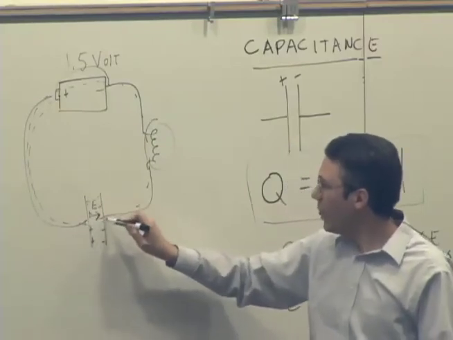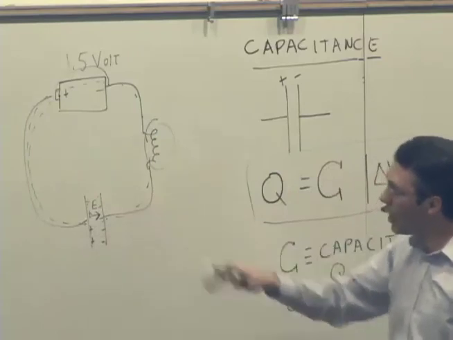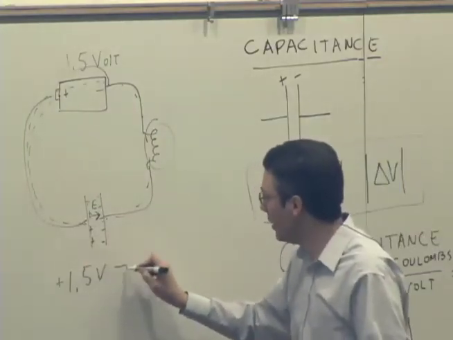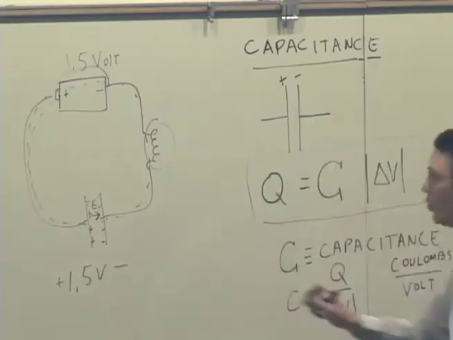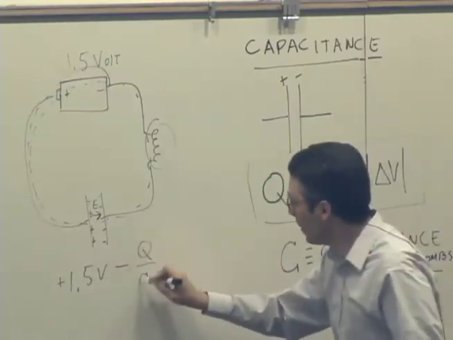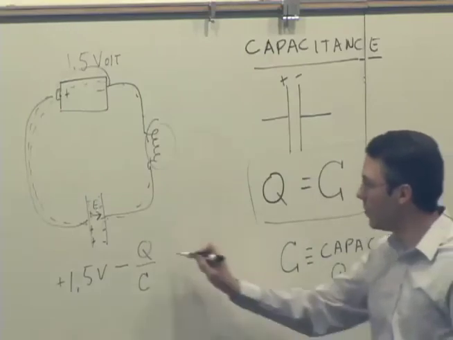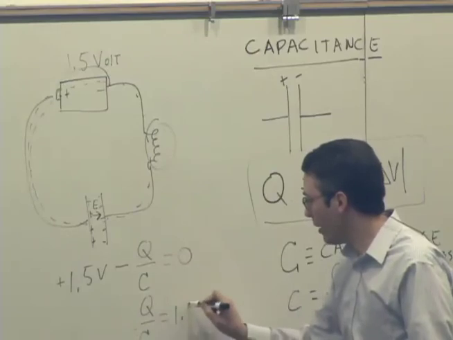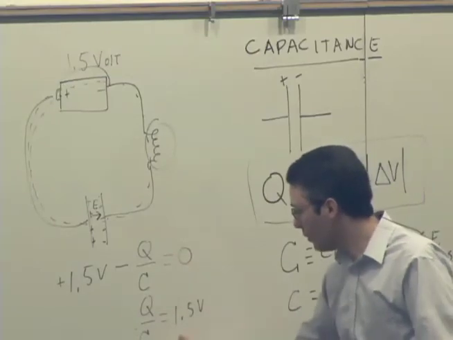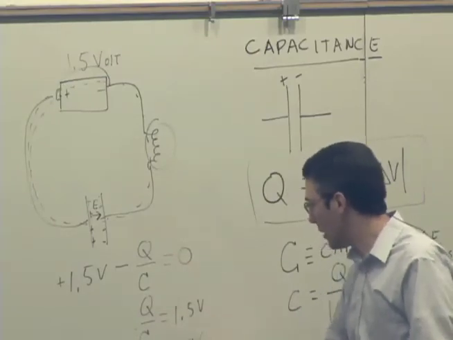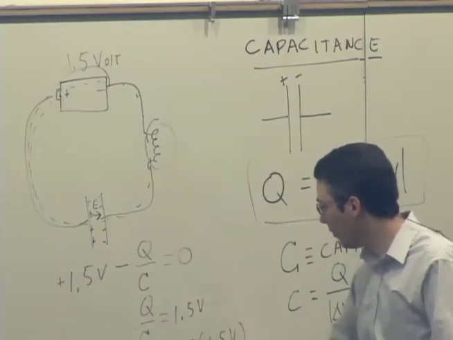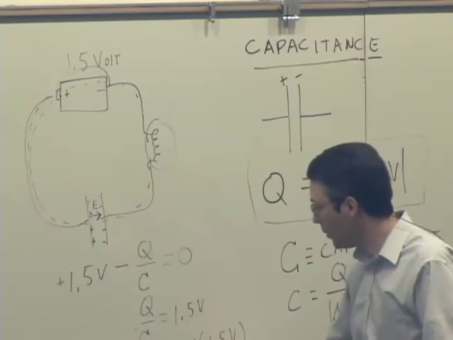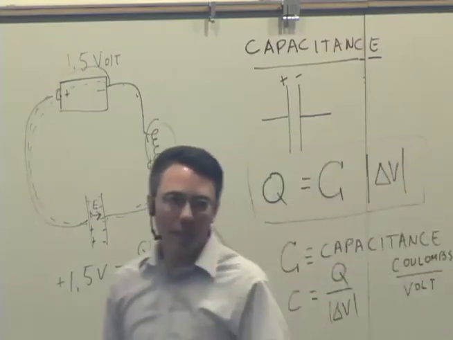If I go in that direction, there's a potential drop, so that's positive 1.5 volts across the battery minus Q divided by C. The potential difference around the loop equals 0. Q over C is 1.5 volts, so Q is C times 1.5 volts, or 0.5 times 1.5 volts, which gives you 0.75 coulombs.